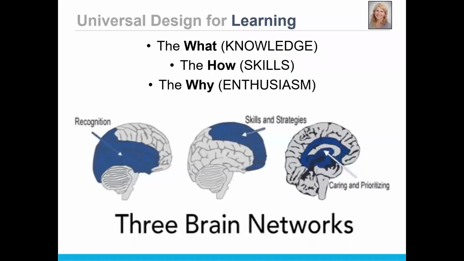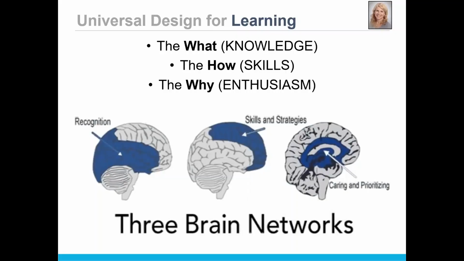That is a deep midbrain piece that you see there labeled as caring and prioritizing. And the conclusion out of this research is that all three of these brain networks need to be engaged at all times for students to deeply engage in learning.